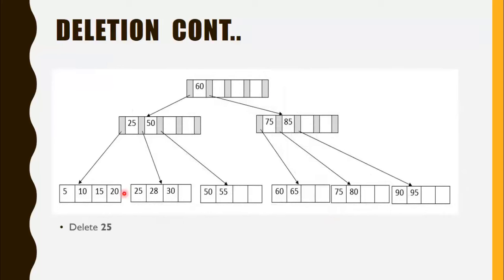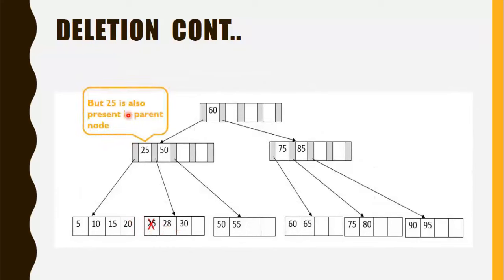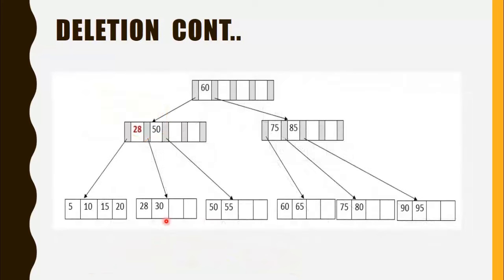If we delete 25, then this 28 will be shifted left, and as 25 is also present in the parent node, we have to delete the 25 there too, and it will be replaced by 28. So this is our B plus tree now.